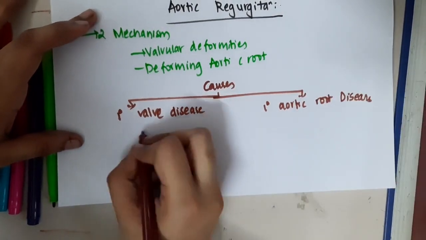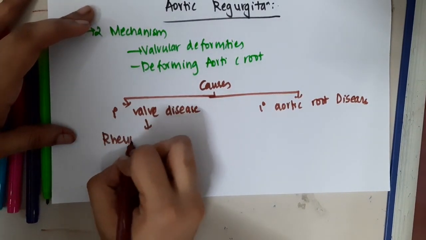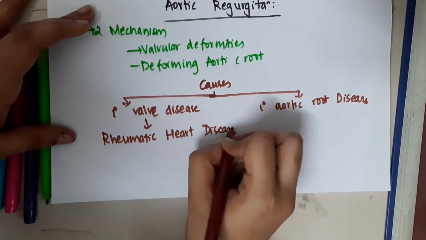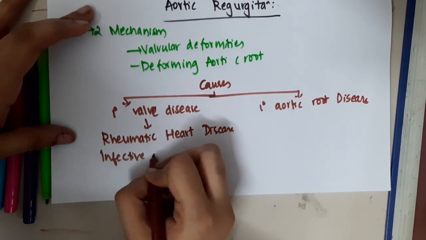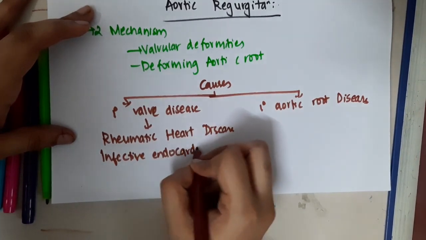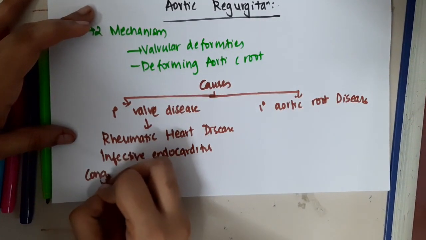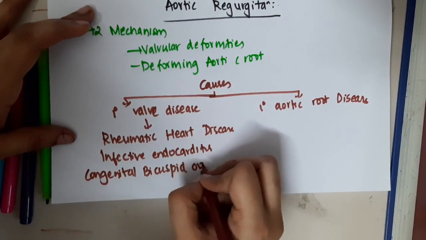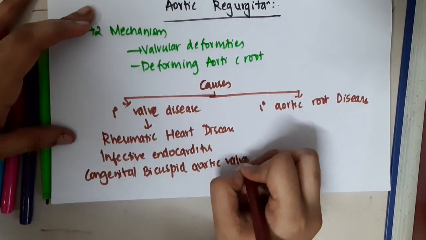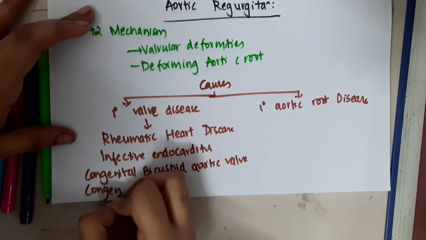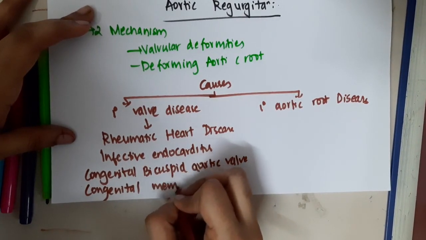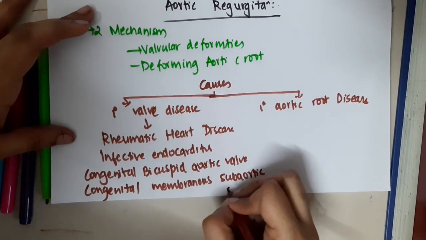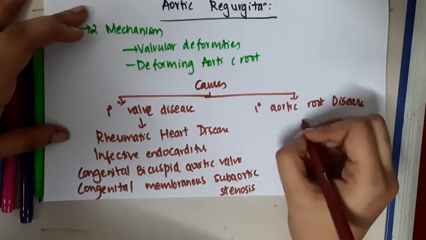Primary valve disease includes rheumatic heart disease, infective endocarditis, congenital bicuspid aortic valve, and congenital membranous subaortic stenosis. So these are the causes of primary valve disease.